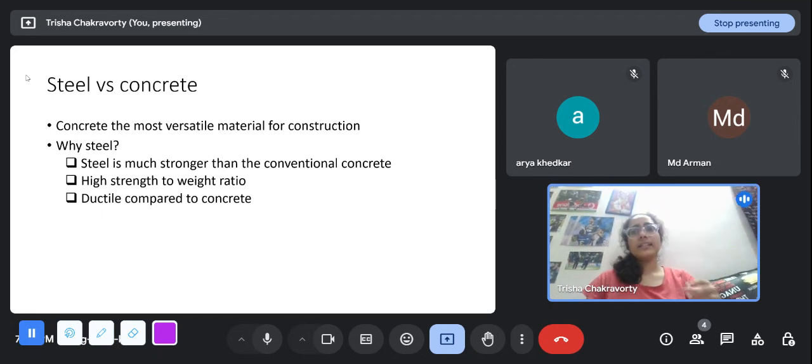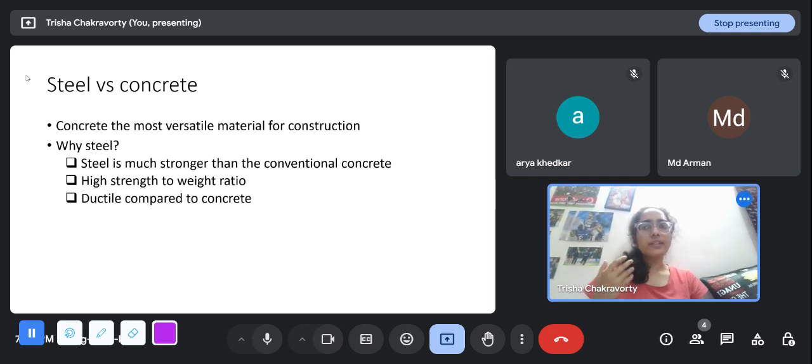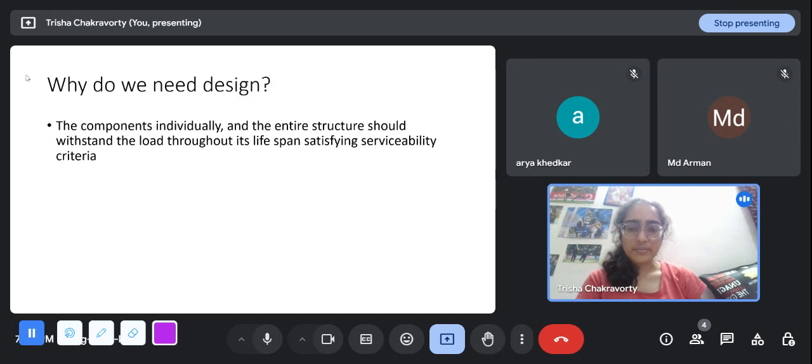If steel is going to show a lot of deformation before it fails, and a certain deformation limit is crossed, we will understand that this part needs to be repaired and we can address it in time, unlike concrete, which is relatively brittle, so it will give less warning time and may cause more damage in the long run. However, steel is much costlier than concrete, so steel design is a critical subject.